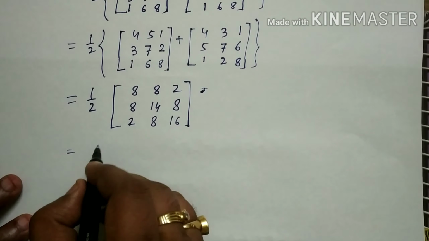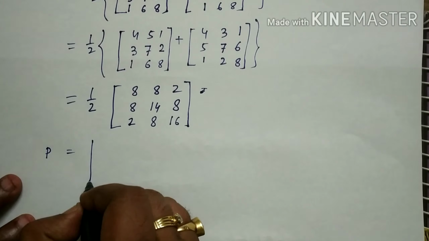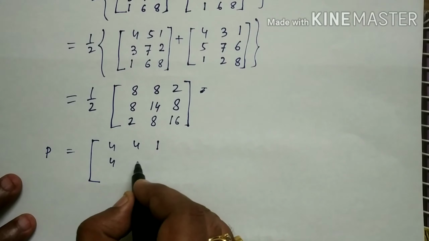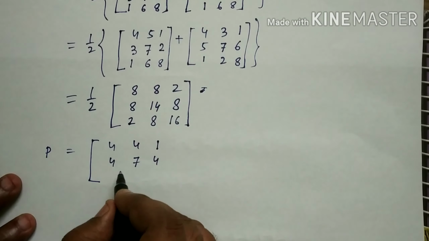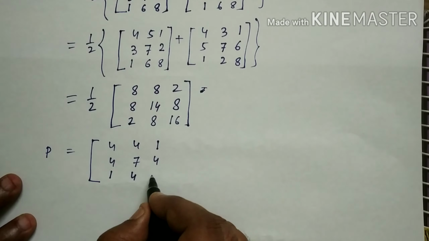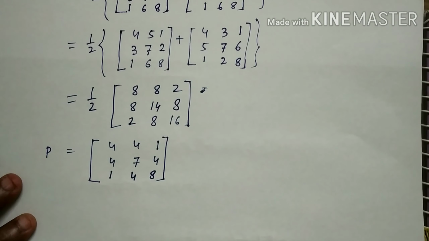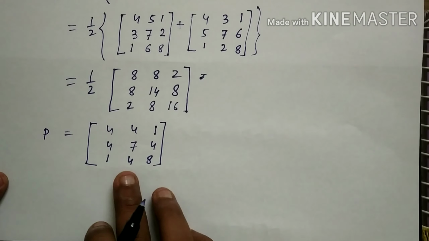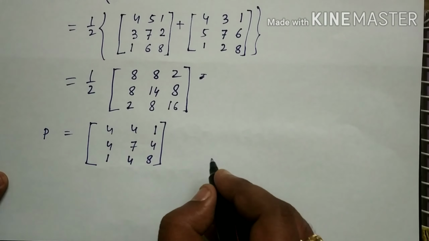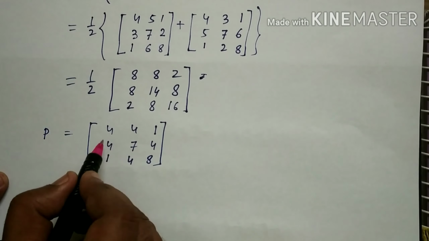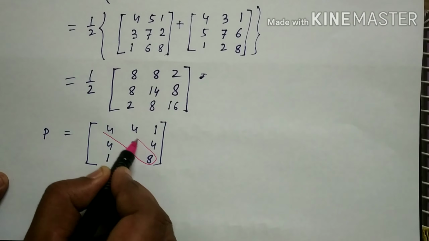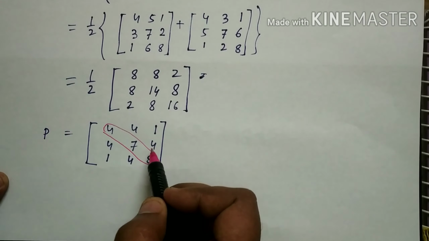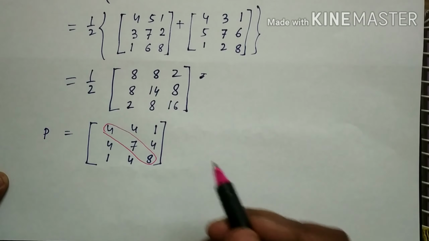So what you have ultimately, P is equal to [4 4 1; 4 7 4; 1 4 8]. This is our P, which is a symmetric matrix. Why? Because except the principal diagonal, all elements are at symmetric positions. Okay.